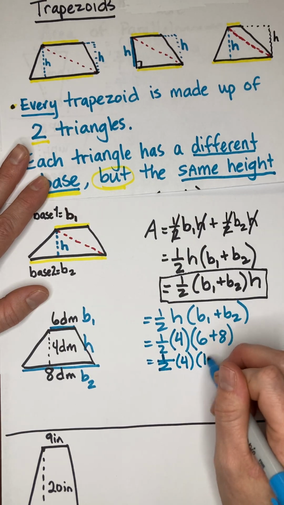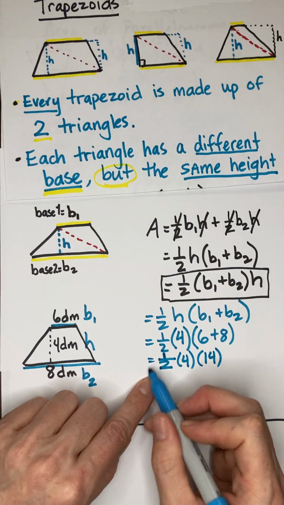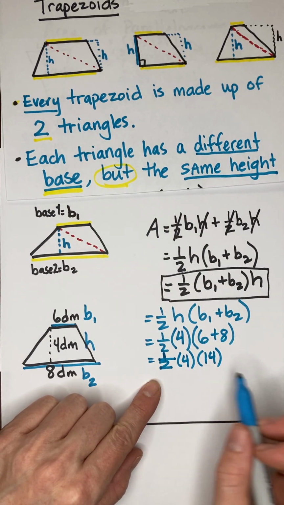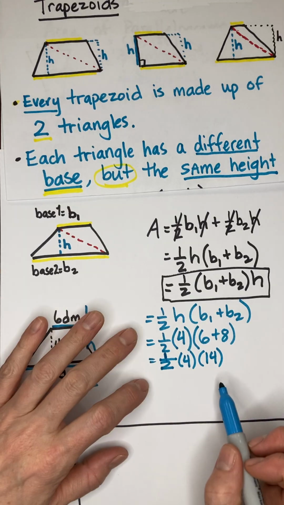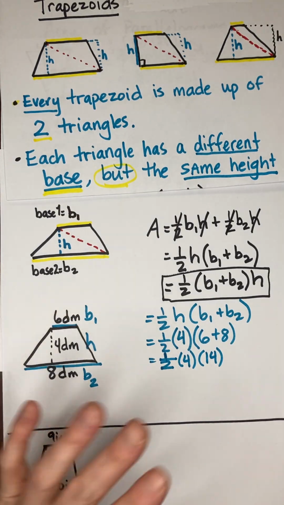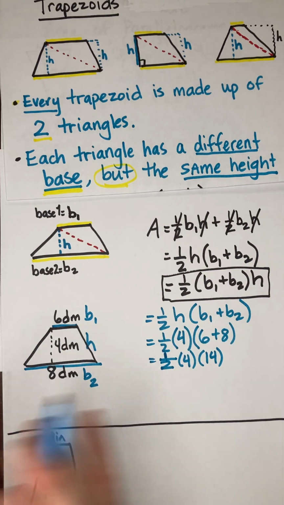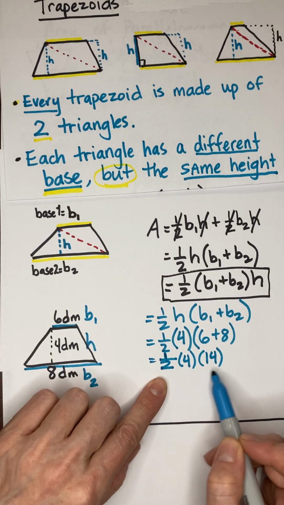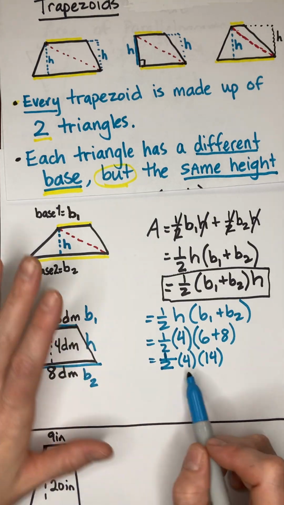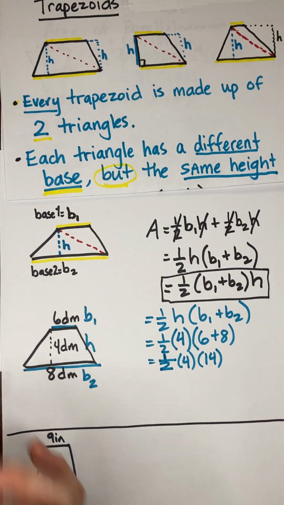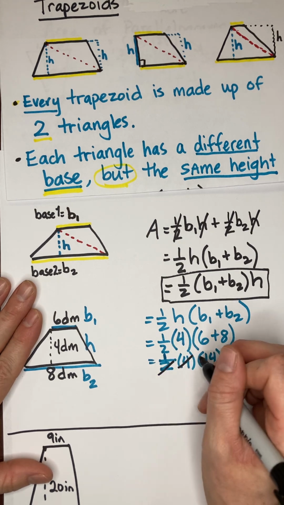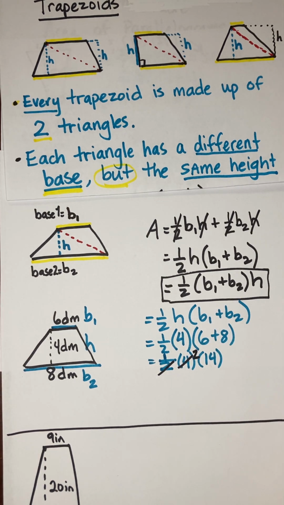1/2 times 4 times 14. When I have this 1/2 fraction, I like to get rid of it. I don't like to divide by 2 and multiply fractions if I don't have to. Because multiplication is commutative, which means any order of multiplication will do, I can find an even number to multiply by 1/2. Both of these are even, so I'm just going to do the first one. 4 times 1/2, which is the same as dividing by 2, is 2.